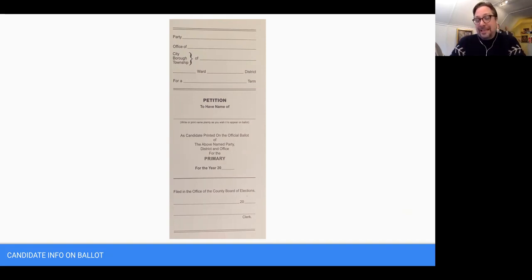And then the length of the term that your office is held for. So township supervisors, for example, are a 6-year term, whereas city council folks are only for a 4-year term.